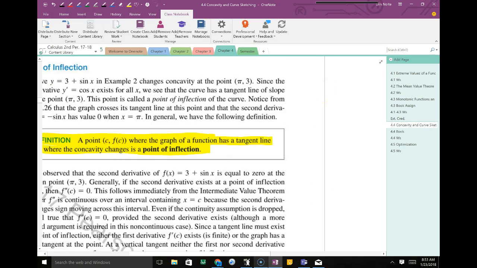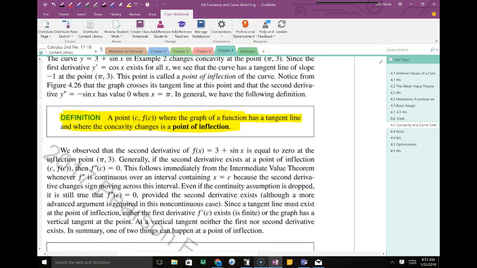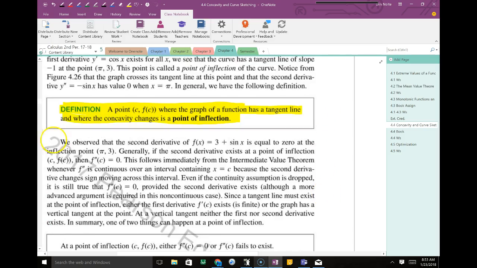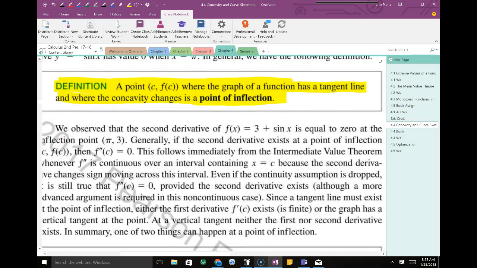So on this graph there was a really important point, which I didn't talk about. So now we're going to talk about that very important point. It's called the point of inflection. What I would write down for the definition of the point of inflection is when the function changes from concave up to concave down, or vice versa.